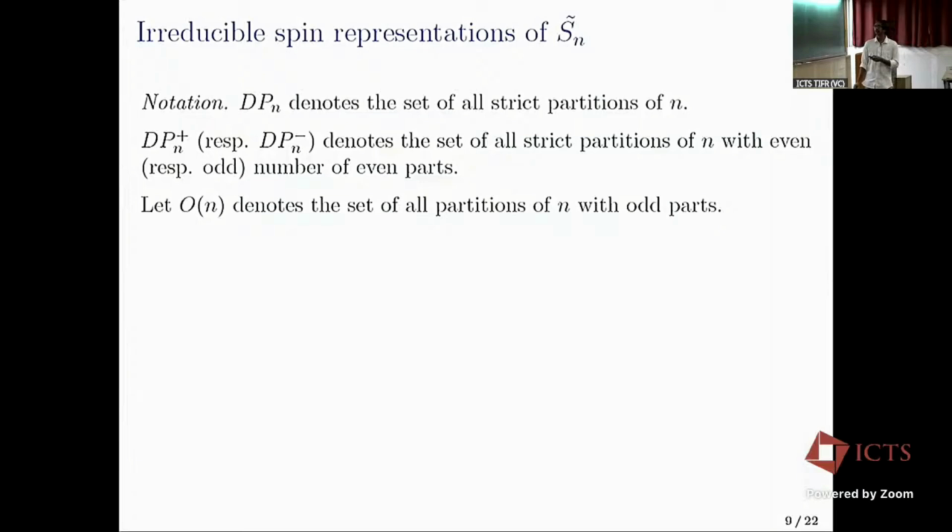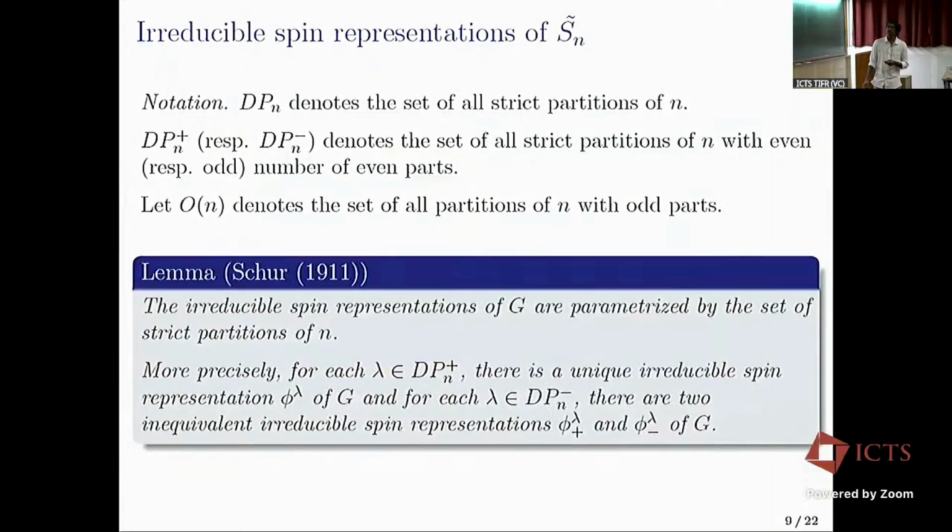The theorem due to Schur is that all irreducible spin representations of the double covers are indexed by strict partitions of n. In fact, for each strict partition in DPn plus, meaning an even number of even parts, there is a unique irreducible spin representation, and for each lambda in DPn minus, there are two inequivalent irreducible representations, phi lambda plus and phi lambda minus.